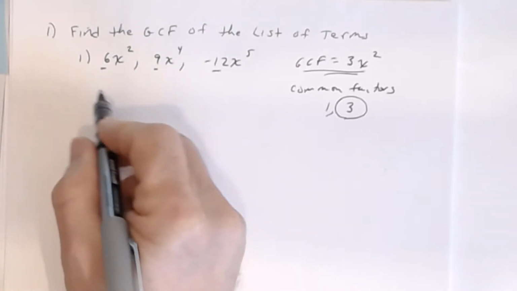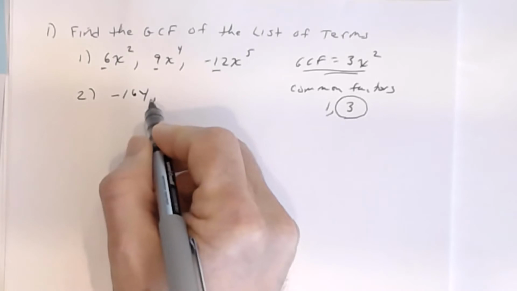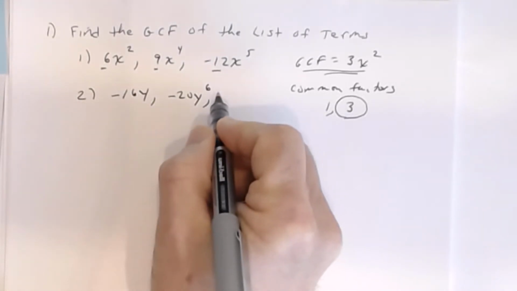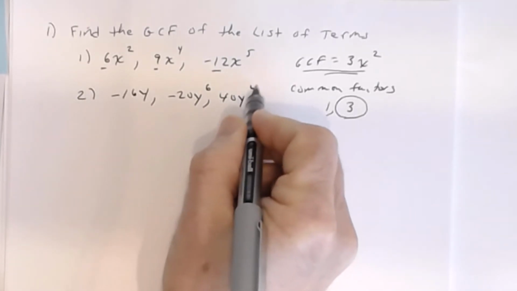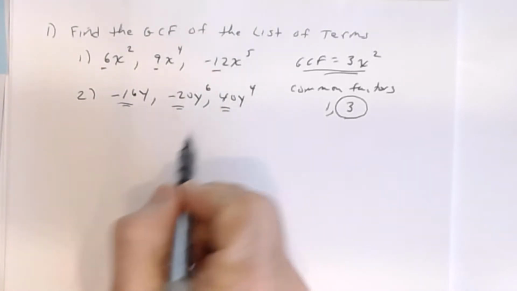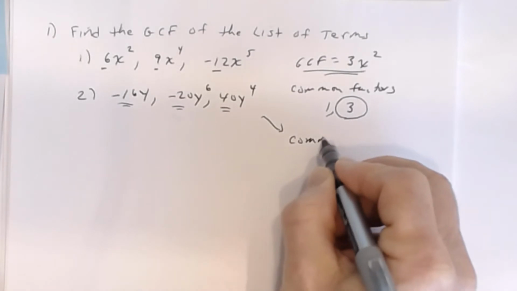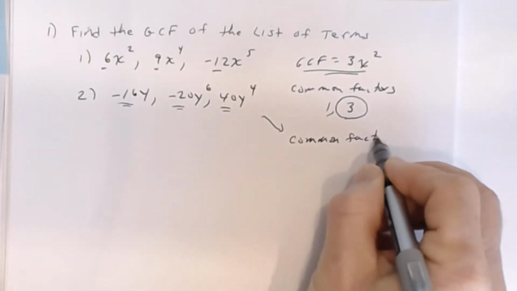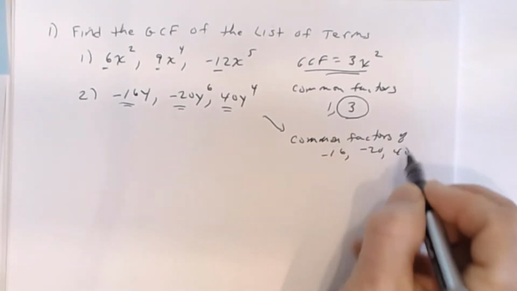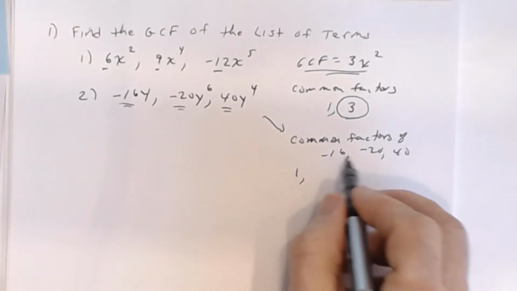If you look at number 2, we have negative 16y, that's a y, negative 20y to the 6th, and a positive 40y to the 4th. If you look at negative 16, negative 20, and 40, the common factors are, first, 1. 1 is a factor of every number. 2, see, they're all even, right?